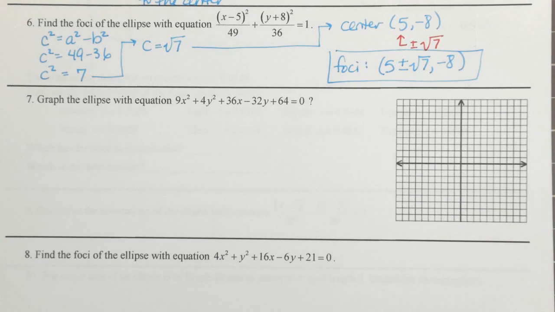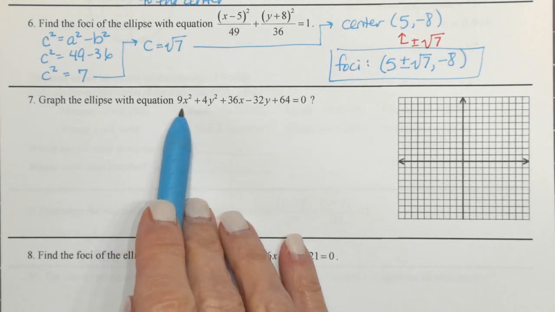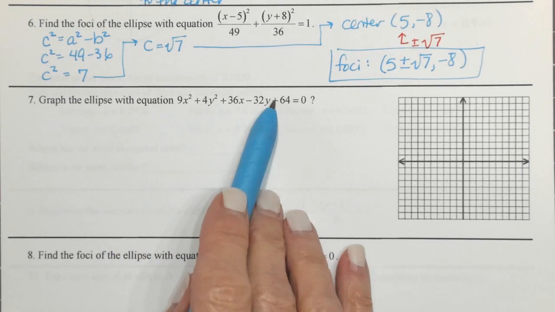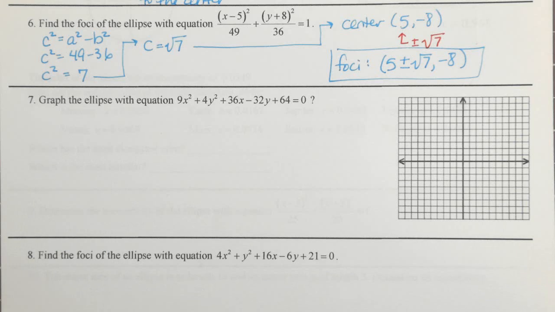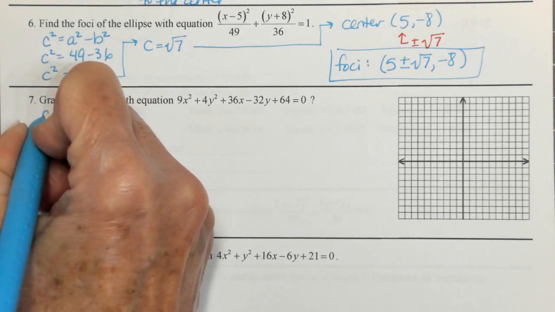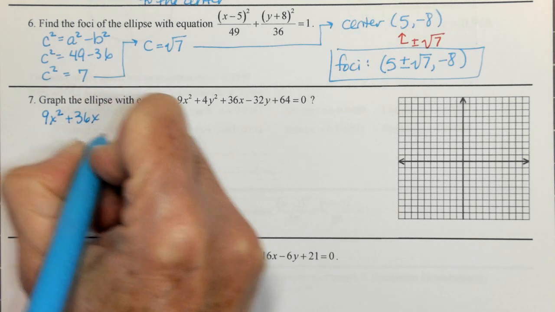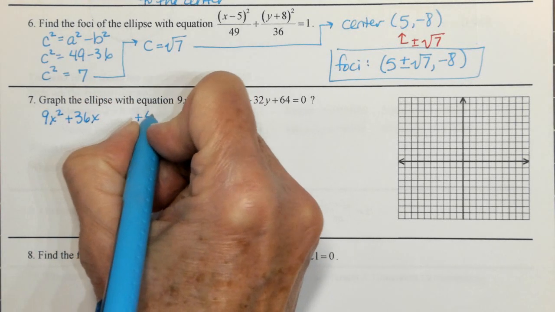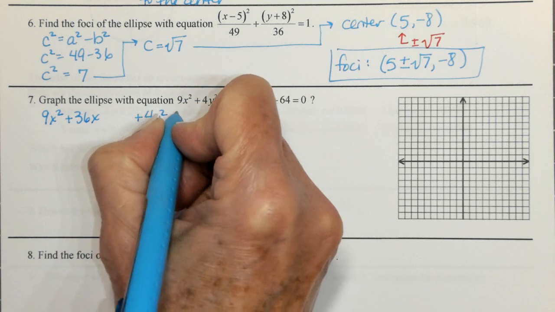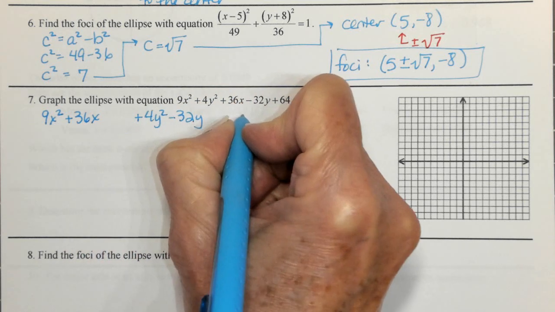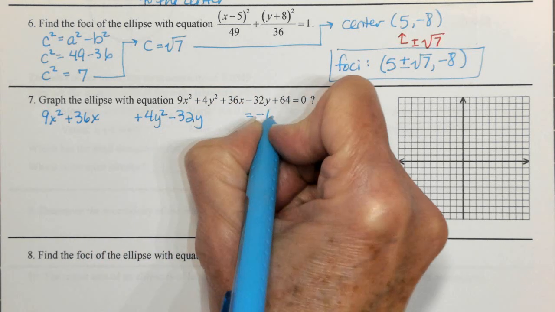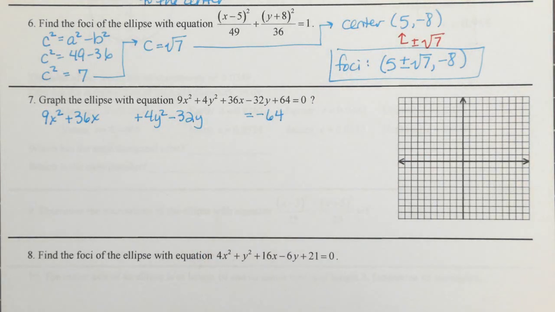Okay, let's graph this ellipse. So this is not in standard form, so we need to get it in standard form by completing the square. I'm going to begin by grouping my x's together, leaving a space, and then I'm going to group my y's together, leave a space, move my 64 to the other side, -64.